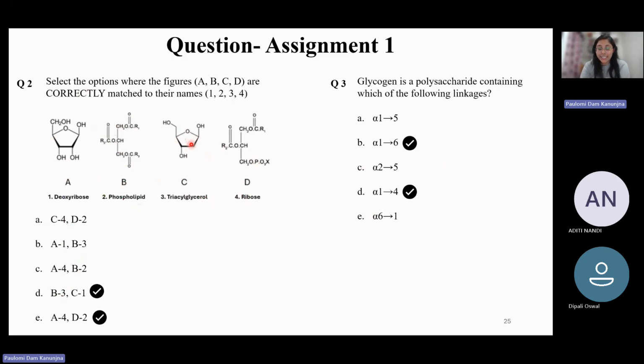Because you don't have oxygen in the second position. That's the idea here. Deoxyribose has no oxygen. This is ribose. If you remove OH from here, it becomes deoxyribose. And then you have phosphate here, it becomes phospholipid. If you don't have this, it's just triacylglycerol, right? And this one has alpha 1,4 and alpha 1,6 if you look into the structure. So be mindful of that.